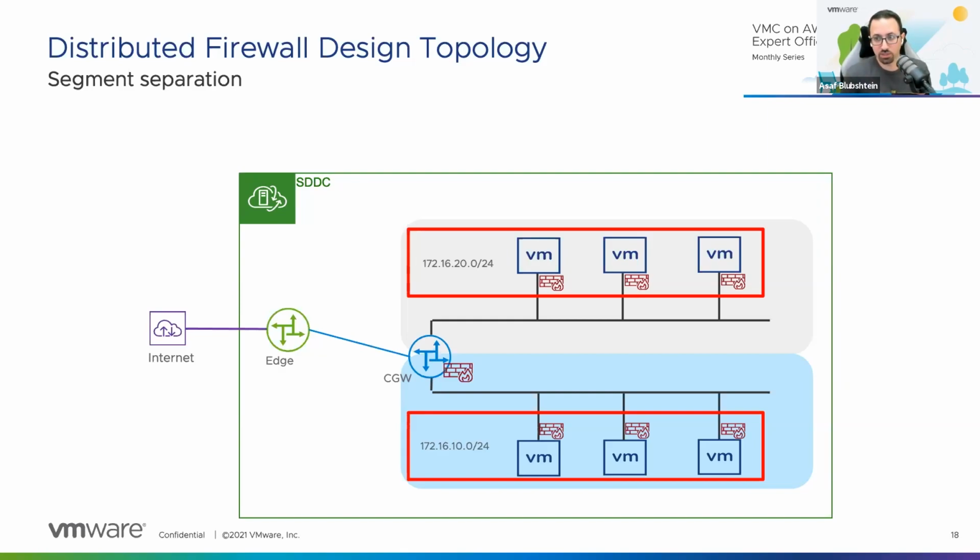As I mentioned before, within VMC, the compute gateway only controls traffic that either enters the compute gateway or will leave it at a later time. So between those two segments, the gateway firewall doesn't come into play.